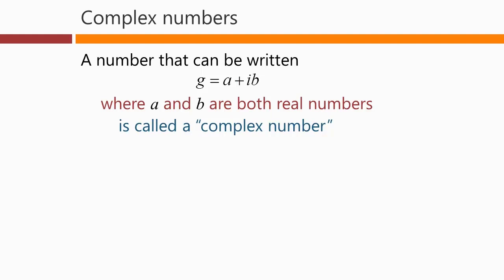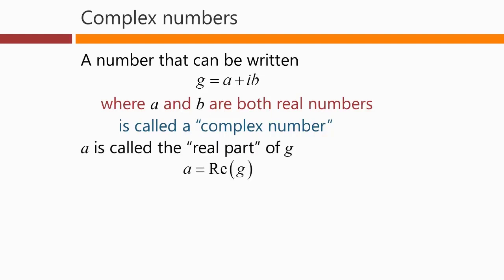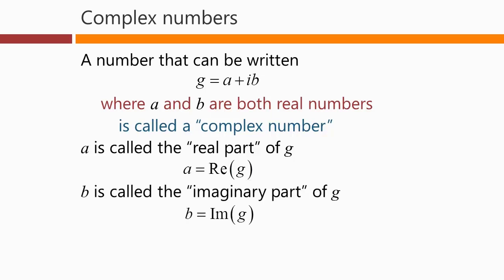It's got a real part, which is a, and we write that as Re of g. And it has an imaginary part, which is b, the part that is proportional to the square root of -1. So a is called the real part of g, b is called the imaginary part of g. And we use this notation, the Re and the Im.